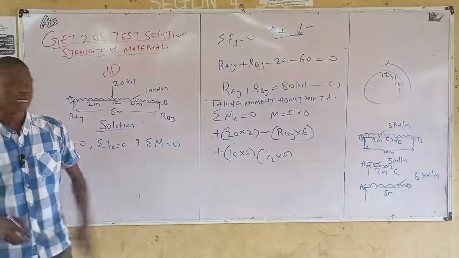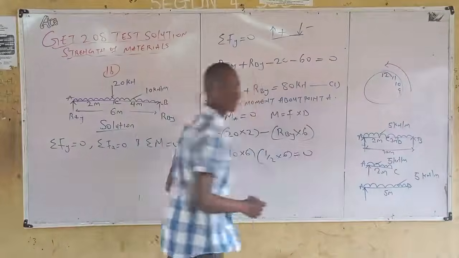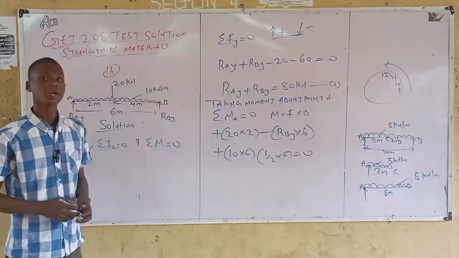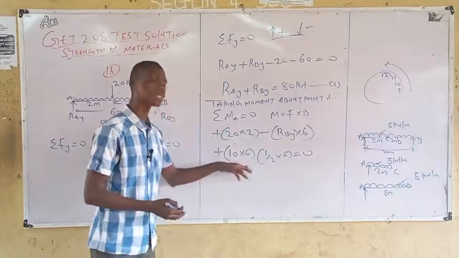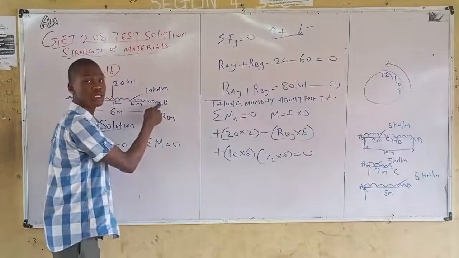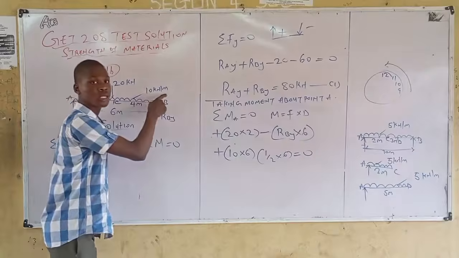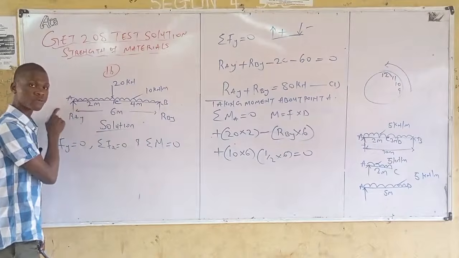Any question? Then you can equate this to 0. From here, 10 times 6: we just converted this UDL to a force. The intensity is 10 kilonewton. What's the total distance it covers before getting to A? 6.